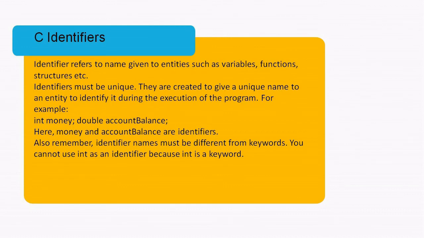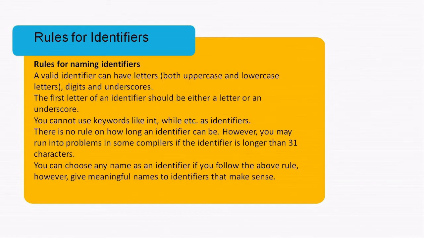Rules for identifiers. A valid identifier can have letters, both uppercase and lowercase, digits, and underscores. The first character of an identifier should be either a letter or an underscore. You cannot use keywords like int, while, etc. as identifiers.